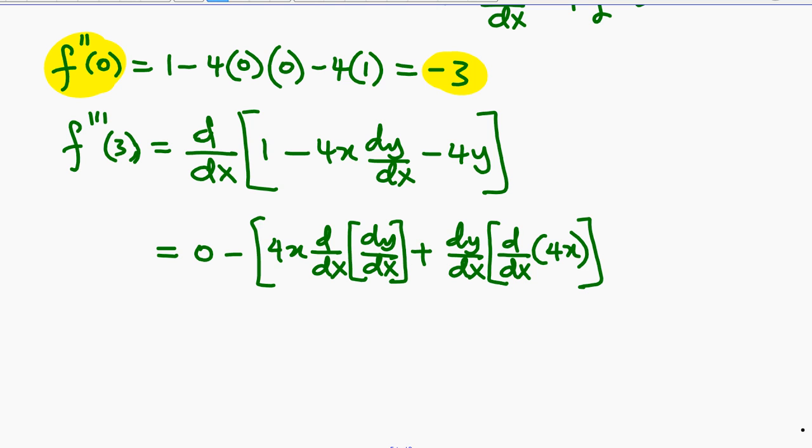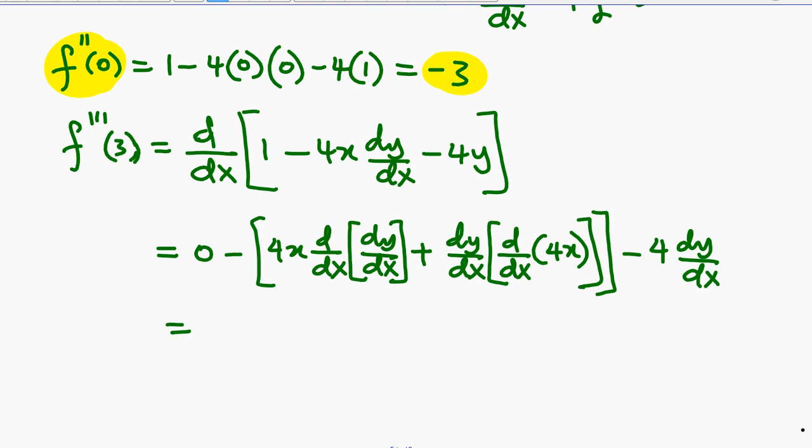All right. And then I have that bracket just to close it. Minus 4 dy over dx, because if you differentiate minus 4y it will just be minus 4 dy over dx.